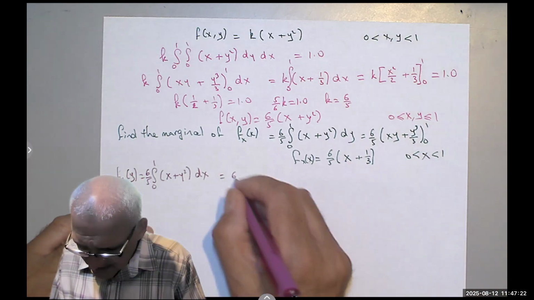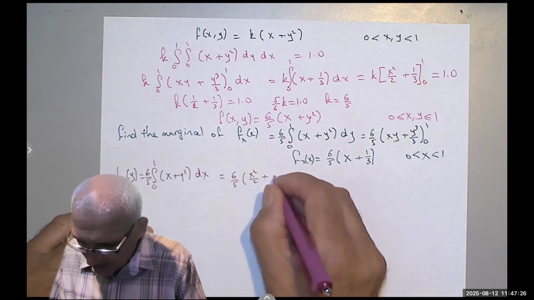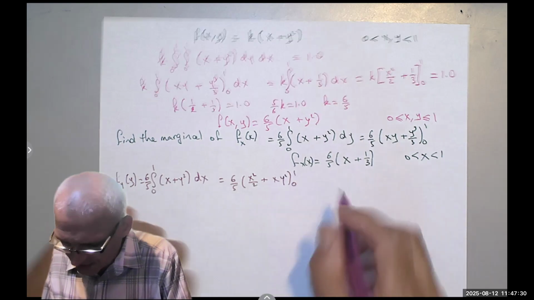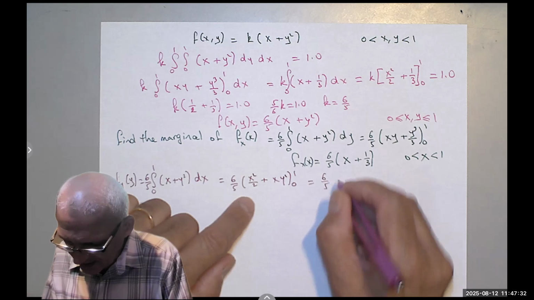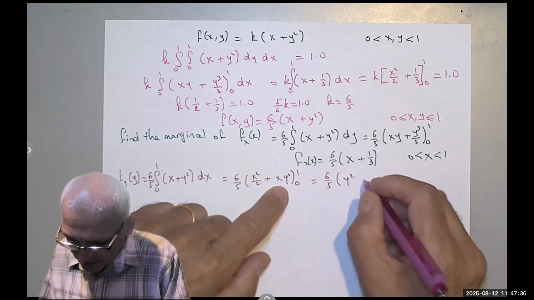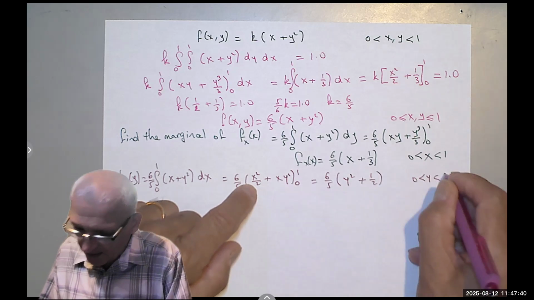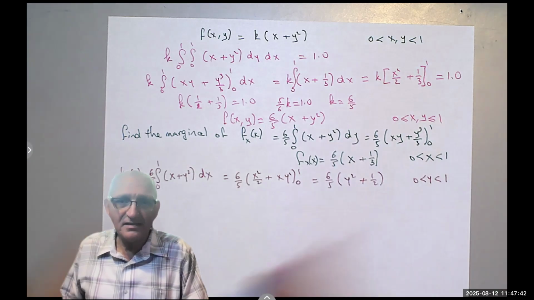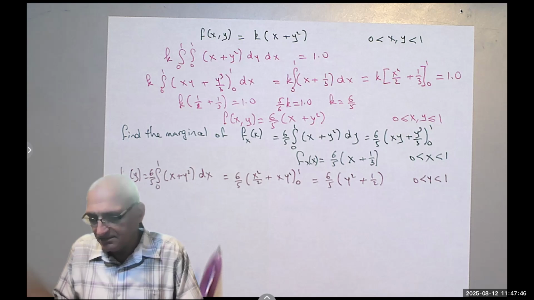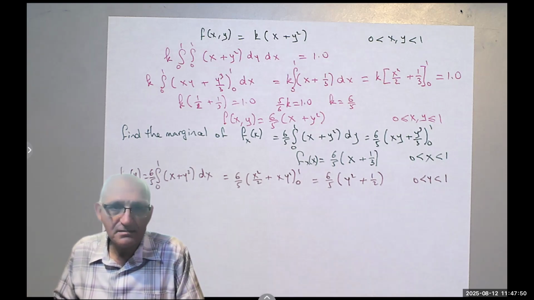So you will get 6/5 times (x squared over 2 plus x y squared), and x is 1, so you get 6/5 times, well, y squared, if you want, plus 1/2, and y is between 0 and 1. Of course, you can distribute the 6/5 in both cases and write it as a sum of two terms, but that's okay.